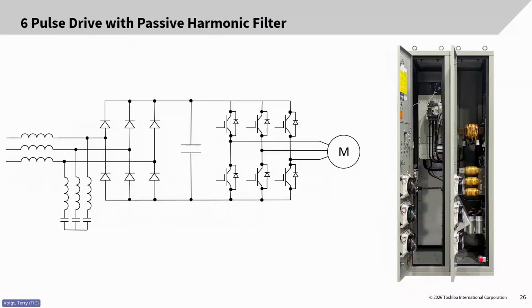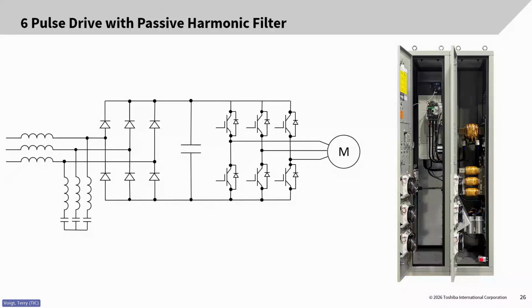So another example is a passive harmonic filter. This again gets added to the front end of a drive, so it can be added in the field, or in our case, you see the picture on the right. This is an AS3 with the passive harmonic filter mounted in the cabinet on the right. You see the magnetics, the 2 reactors.